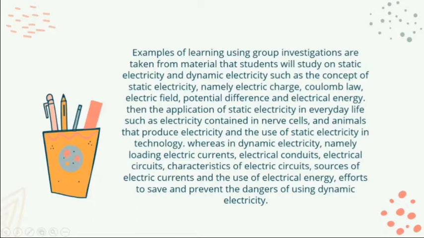Whereas in dynamic electricity, there are electric charge, current, electrical conduction, electrical circuit, characteristics of electrical circuit, source of electric current, and use of electrical energy, efforts to save and prevent the danger of using dynamic electricity.